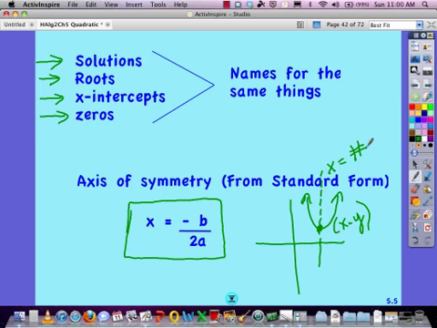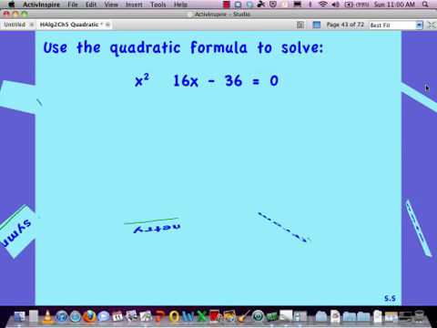So if this is the axis of symmetry, it is also the shortcut for finding the xy ordered pair of our min-max point, the vertex point. So that's something else to memorize as a shortcut.